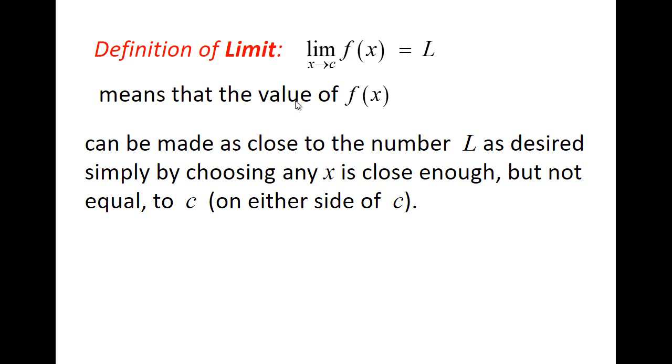So we can make the value of f as close to L as much as we desire, simply by choosing any x close enough but not equal to c on either side of c.